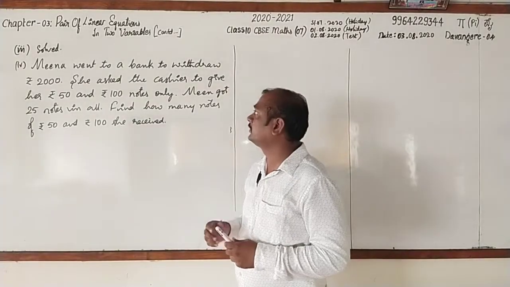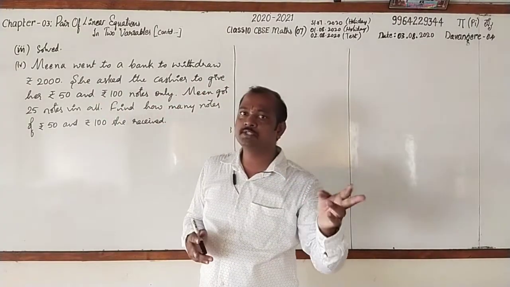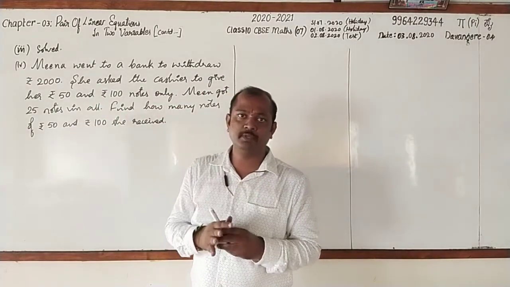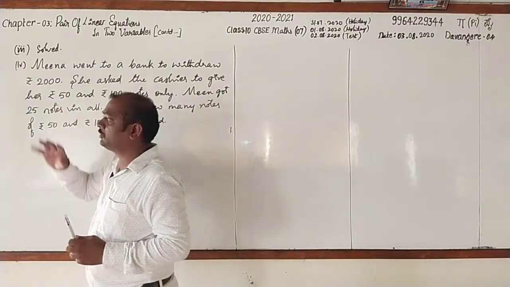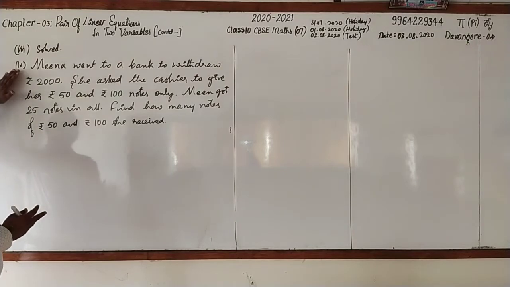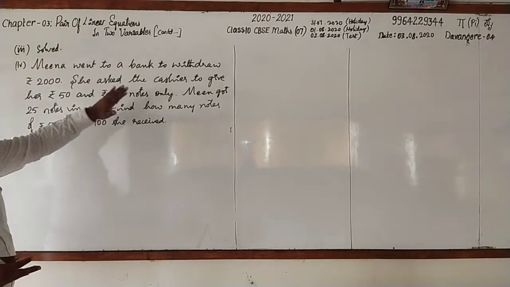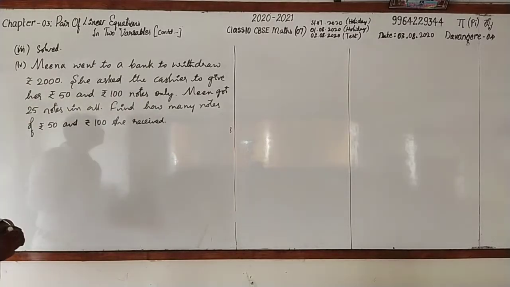Dear students, now the third sub question, it is related to a two-digit number. Already it has been solved. Now we shall move on to the fourth sub question. Please go through that. This is also very nice. Meena went to a bank to withdraw rupees 2000.